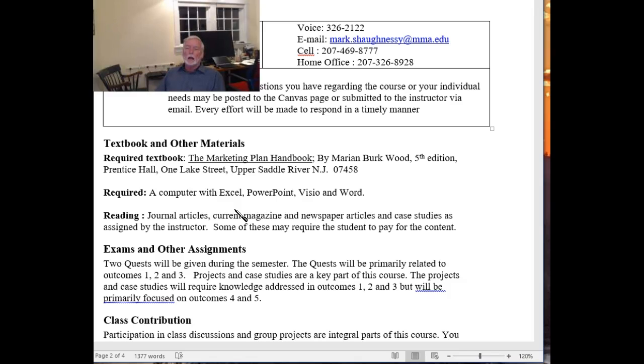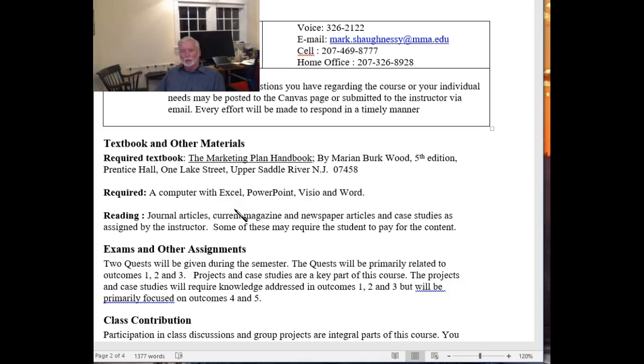And I think the kind of book that you may use going forward was written more for practitioners than for students. So it was written for somebody, well, I've just been promoted to being head of marketing and I really don't know anything about marketing. What do I do now? And it sort of walks you through how to create a marketing plan step by step. So I find it a pretty useful textbook.